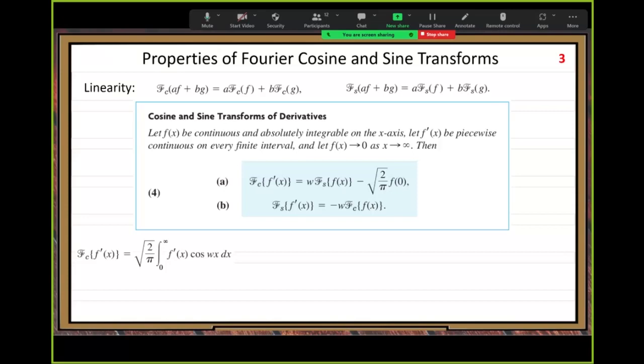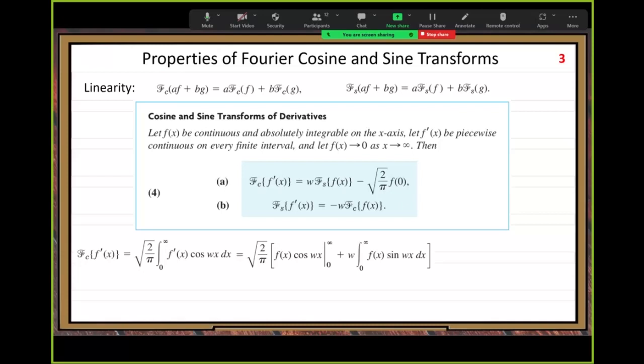It's pretty easy to see that. Here we use the definition, the Fourier cosine transform definition, and integration by parts. But when you do integration by parts, at infinity you need to take a limit. So in the theorem, you need the condition that when x approaches infinity, the function f approaches 0.